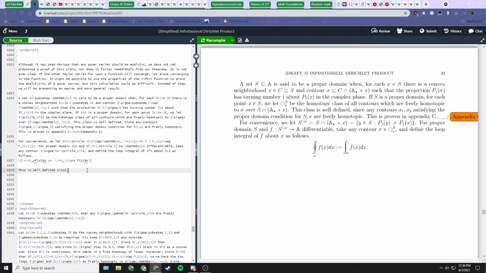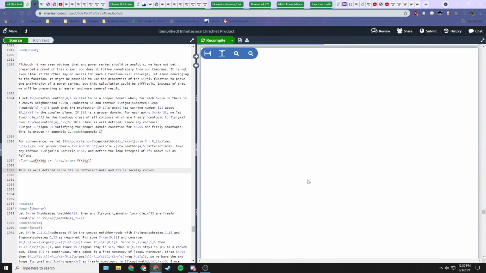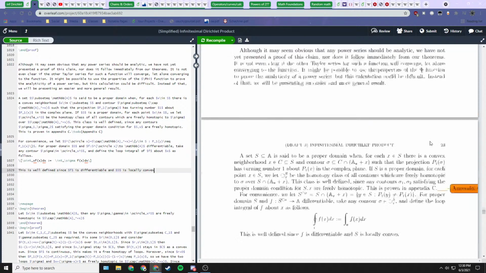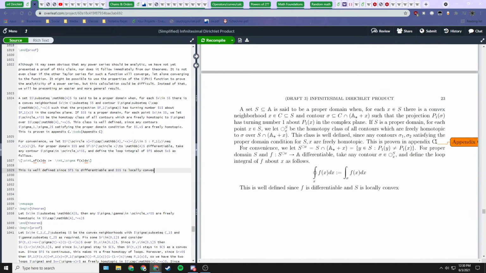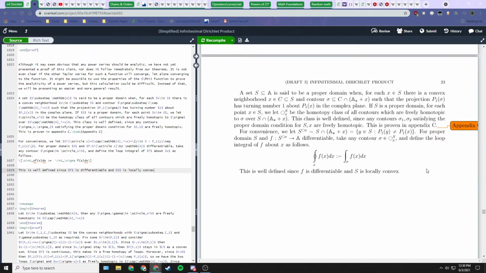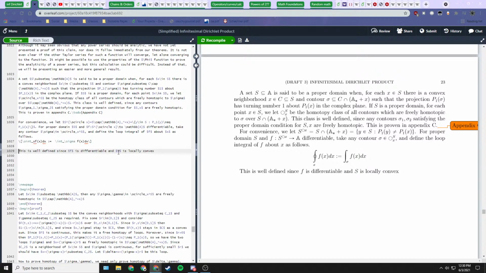But yeah, this is well defined since f is differentiable and S is locally convex. Actually, we're going to have to verify that this punctured neighborhood is also actually locally convex. I think it is. I think that's fine.